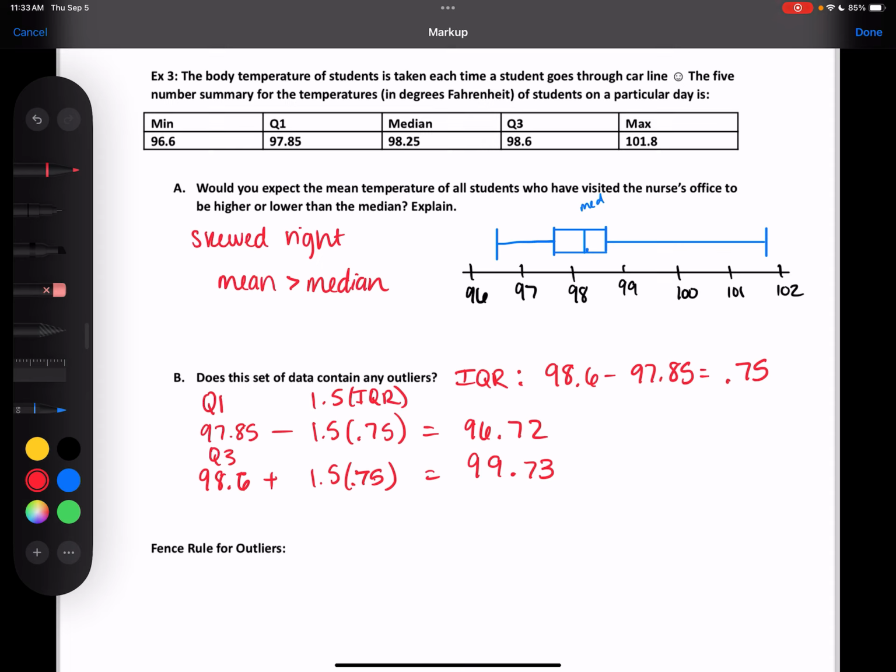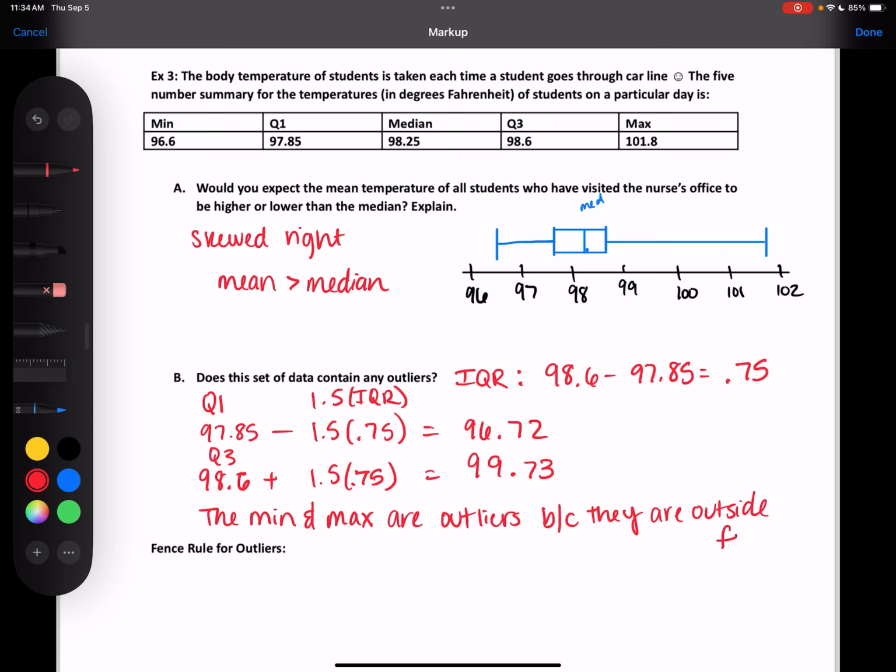I'm confused, because if it's between the minimum and the max, how is it an outlier? I think I had it mixed up. These values are the fences. Anything outside of the range of 96.72 to 99.73 is an outlier. So I know that the min and the max are outliers because they are outside the fences.